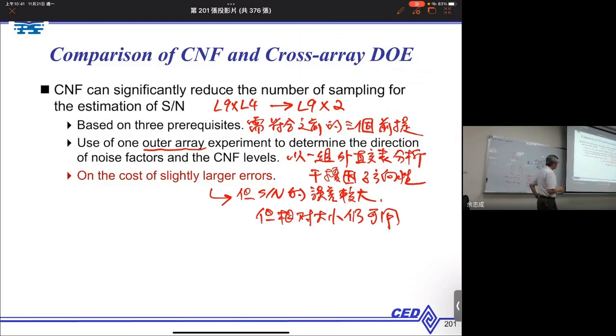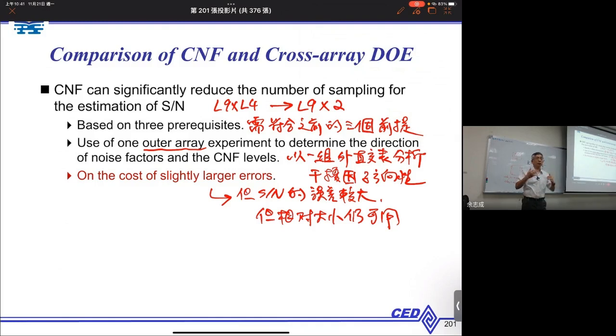The estimation of SN ratio will have a larger error. Since we only use 2 samples to estimate the mean and the standard deviation, certainly with only 2 samples, the estimation of the standard deviation will be less accurate.